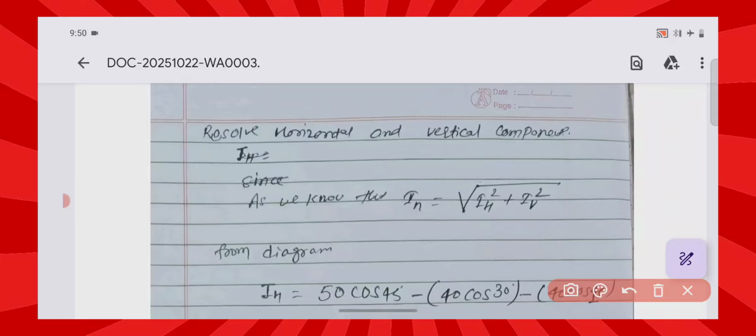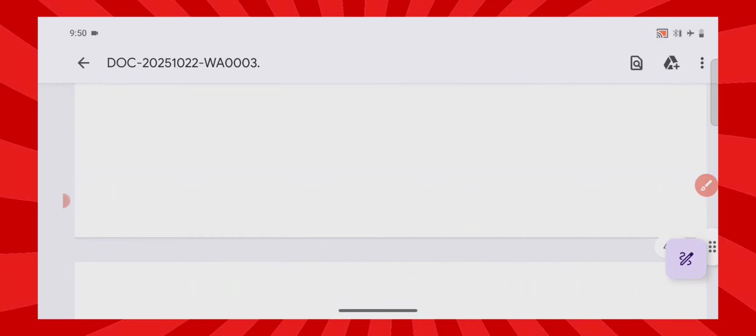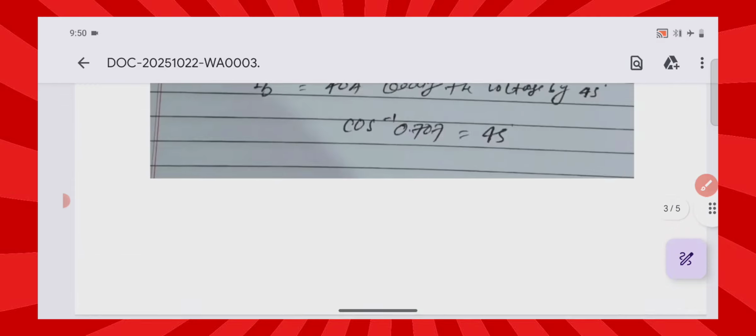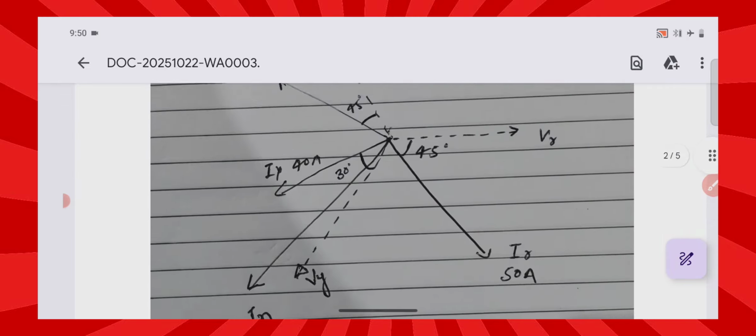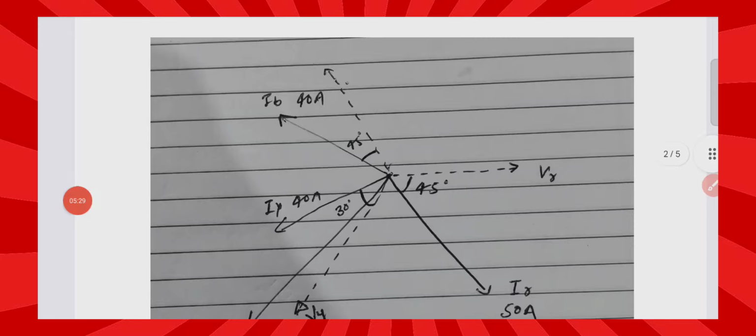Now coming to the question, to the first diagram here. When we break down the horizontal and vertical currents, we will require the angle. Already the lagging and leading power factors are given.